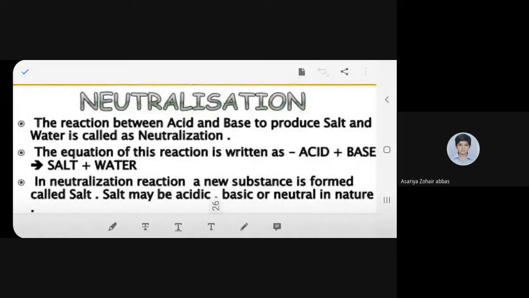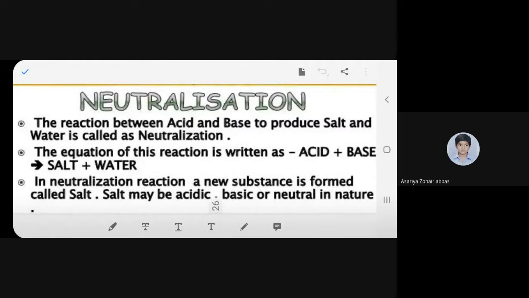Next. In a neutralization reaction, a new substance is formed called salt. Salt may be acidic, basic, or neutral in nature. Is this clear? So what are we doing? We are adding acid and base, just to neutralize the effect of acid as well as base.